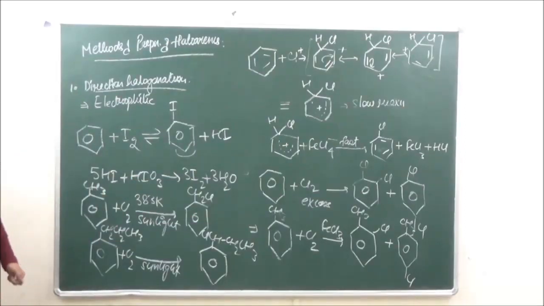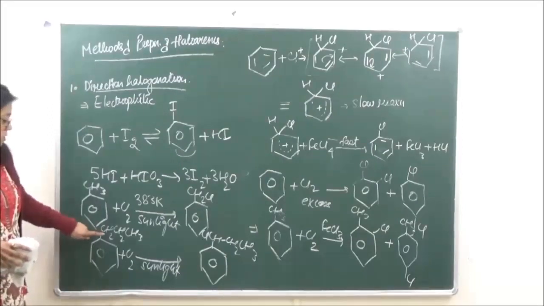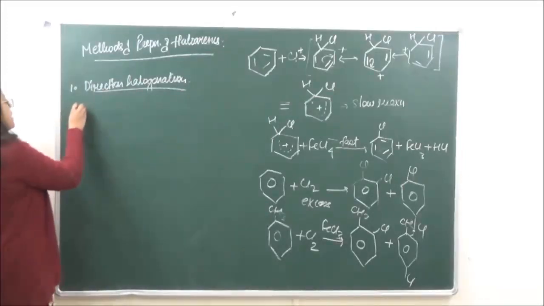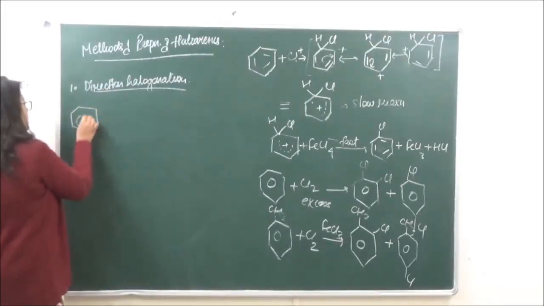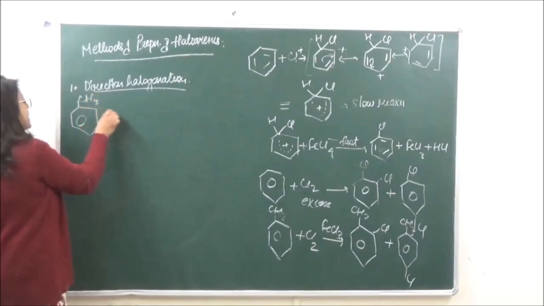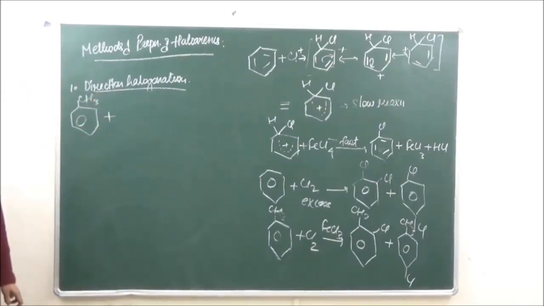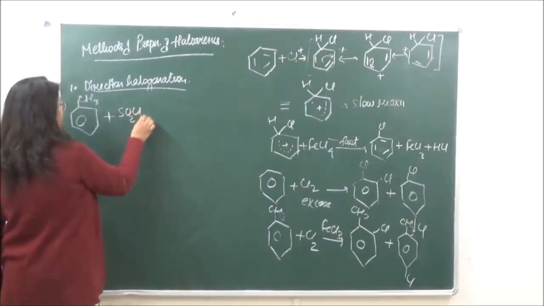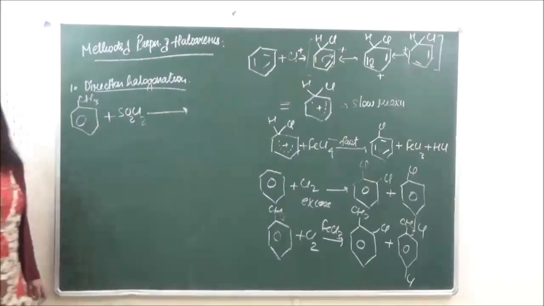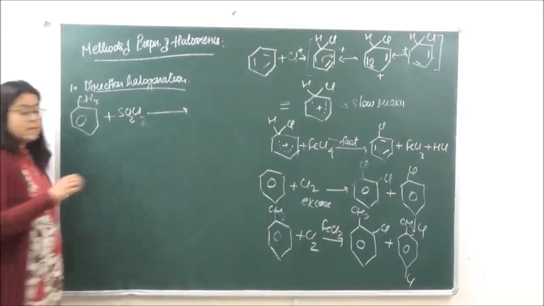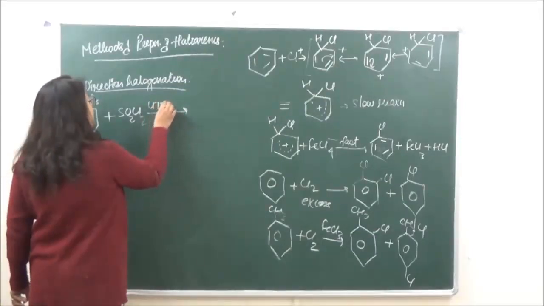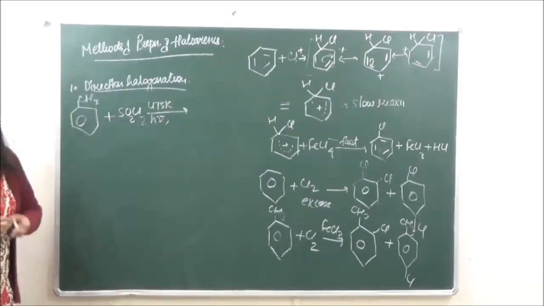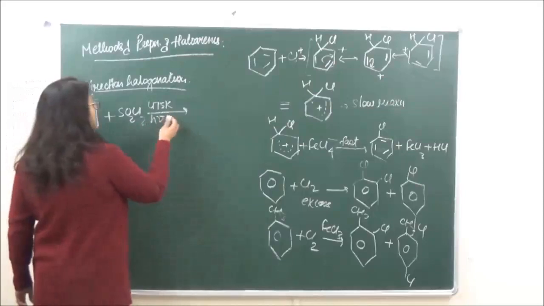Now this reaction can also take place in presence of SO2Cl2. So if we are taking toluene and reacting toluene with SO2Cl2, which is sulfuryl chloride, the reaction takes place at 475 Kelvin in presence of hν, that is in presence of light, and over here we are also using a peroxide.